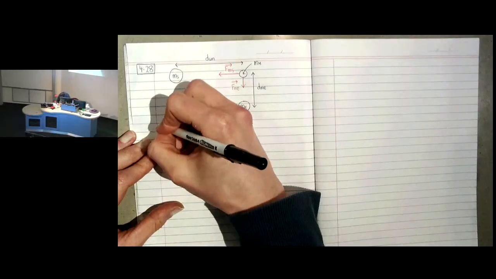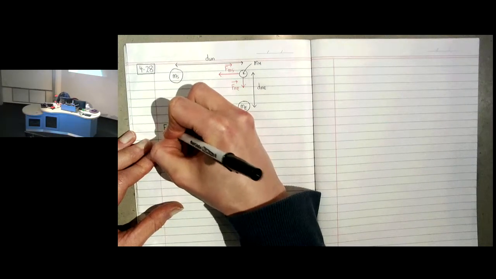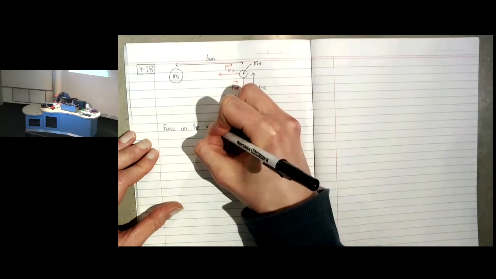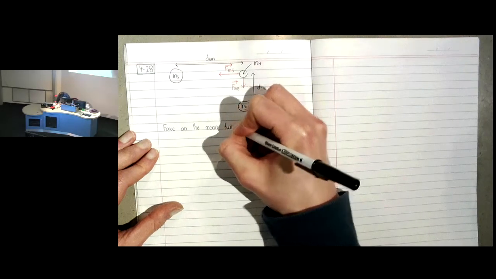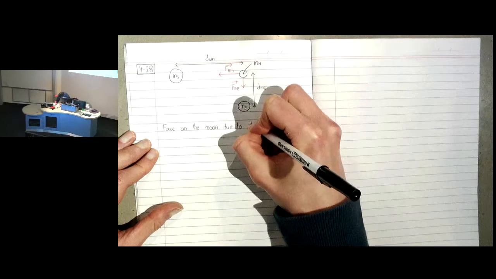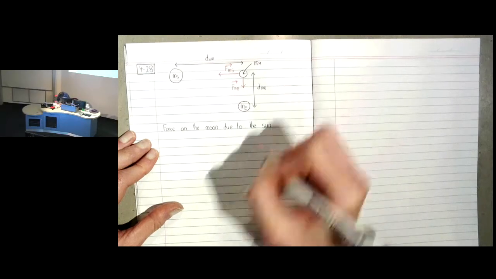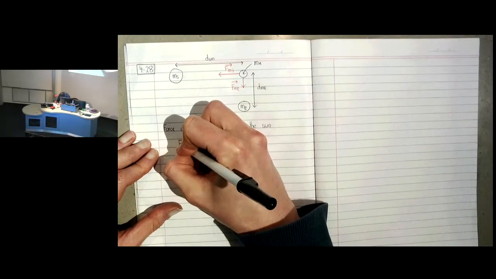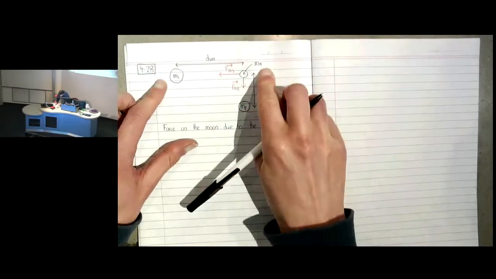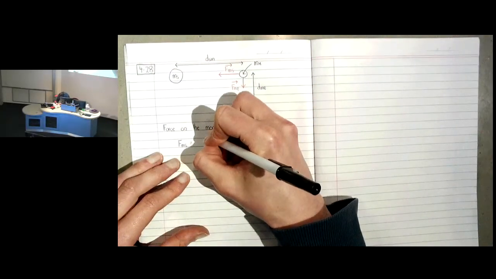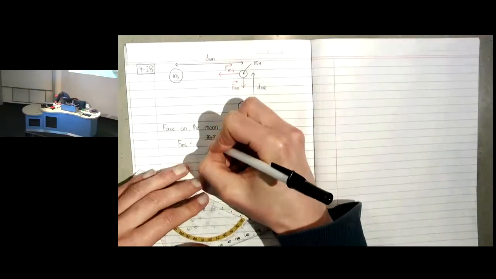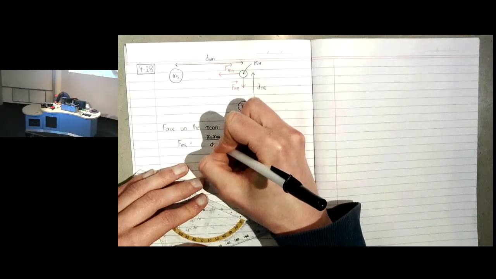The force on the moon due to the sun, what I've called FMS, is equal to the product of the masses of these two objects, divided by the distance between them squared, so dsm squared.